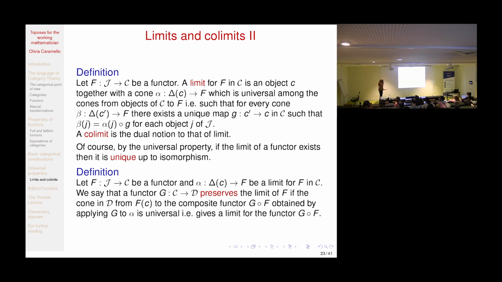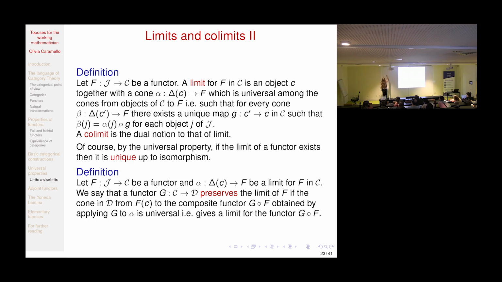The universal property of the limit cone is that for any other cone over the same diagram, so here we will have b_j1, b_j2, there should exist a unique factorization, so a unique arrow from the vertex of this cone to the vertex of the limit cone, which makes all these triangles here commute.